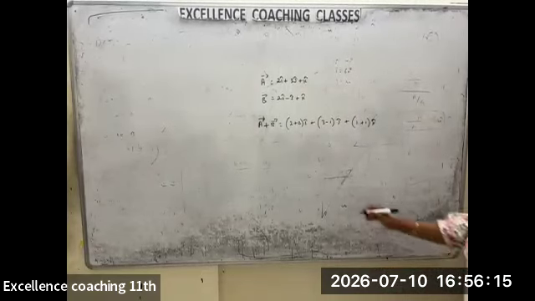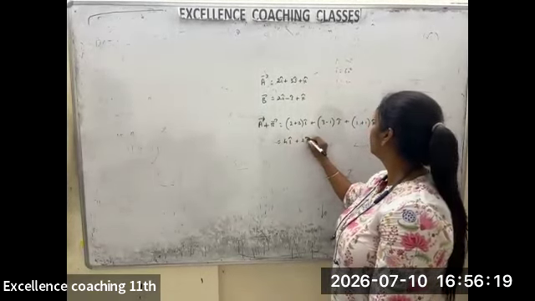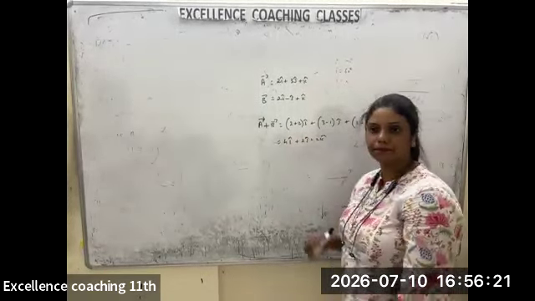What is the answer? 4 i cap plus 2 j cap plus 2 k cap.